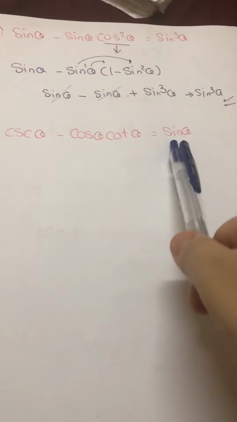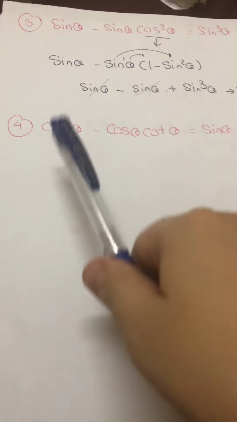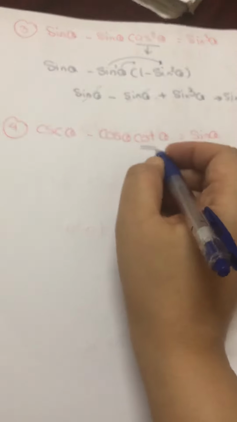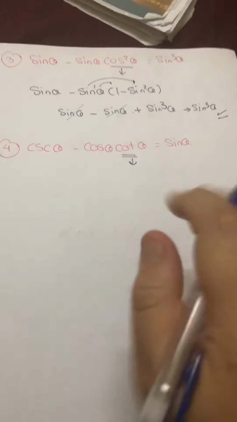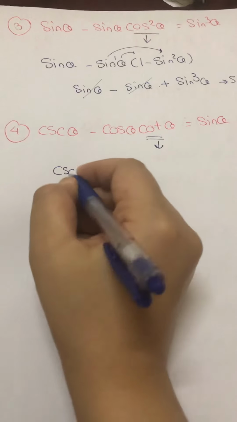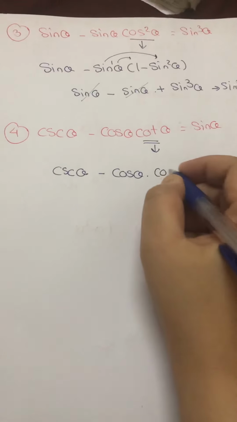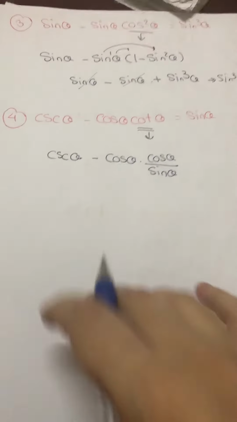Question number 4. Again, I'm not going to work on this side. I'm thinking there are plenty of things to do maybe, and I want to end up in a sine. So I'm thinking to start by changing this cotan to cosine over sine according to the quotient identity. So if I go this way, cosec theta minus cosine theta times cosine theta over sine theta, what will happen?